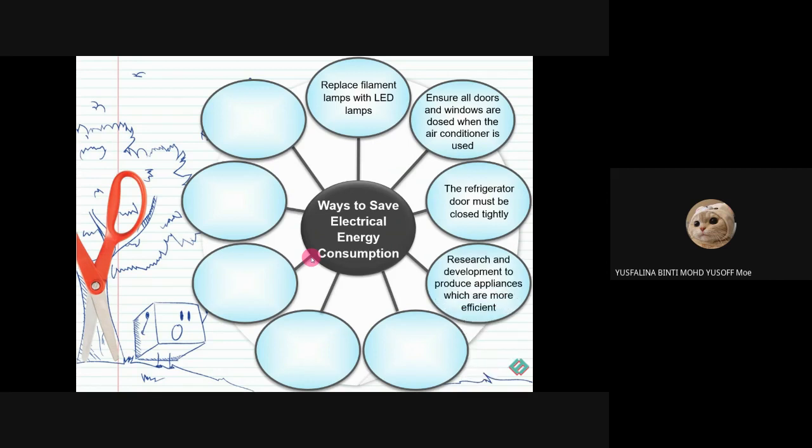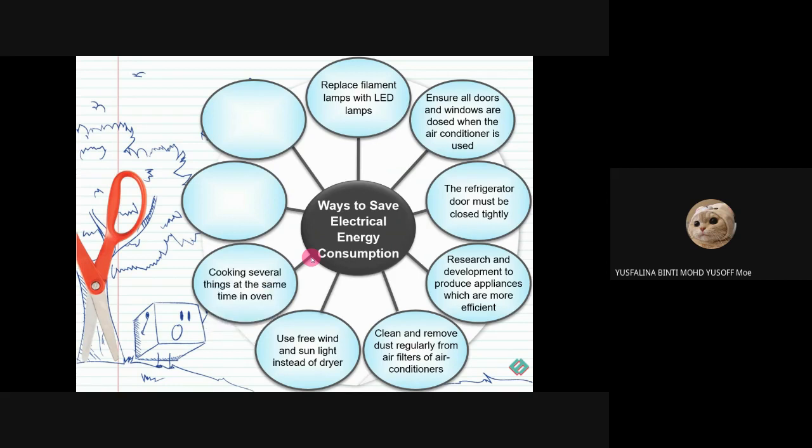Research and development to produce appliances which are more efficient, and clean and remove dust regularly from the air filter of the air conditioner. Use free wind and sunlight instead of a dryer. Some of our houses have a dryer washing machine, but you can just use sunlight to dry your clothes.